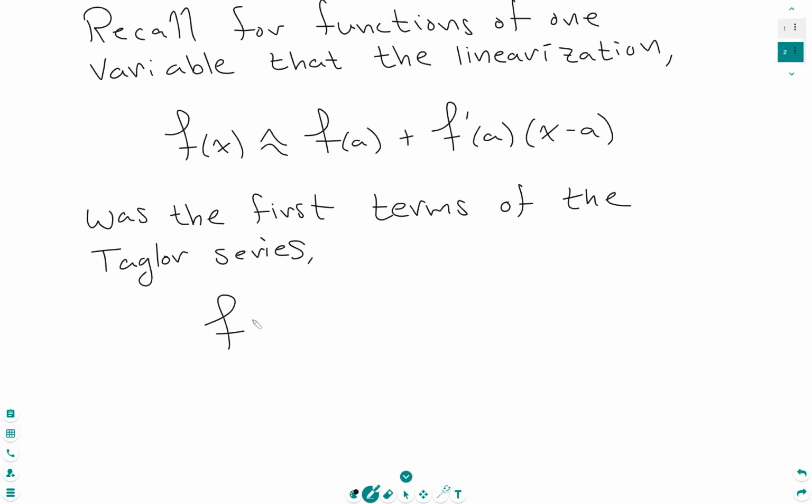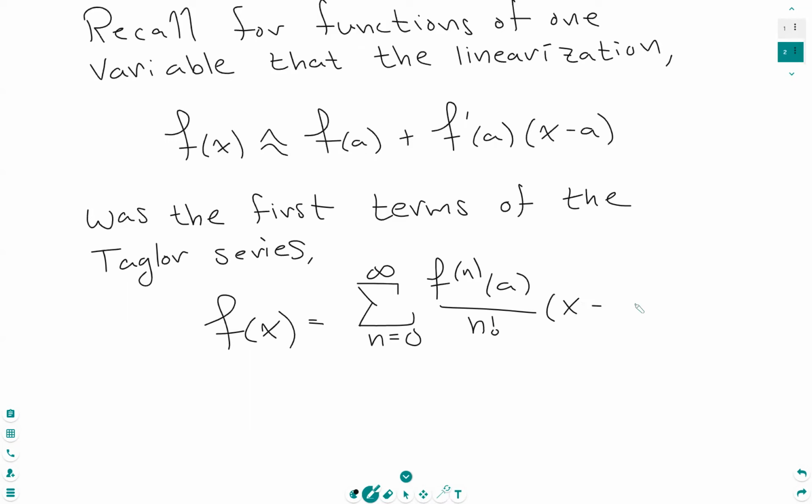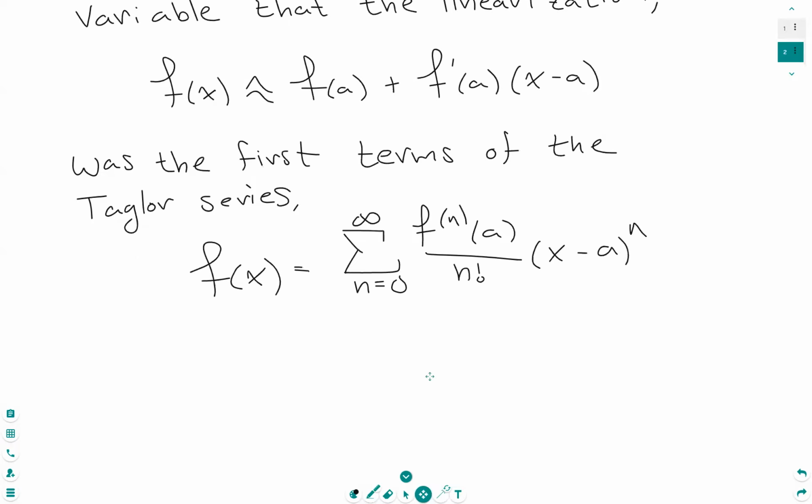Where we said that f of x is equal to the sum from n equals 0 to infinity, the nth derivative at a over n factorial times x minus a to the nth power. I sure hope that looks familiar.